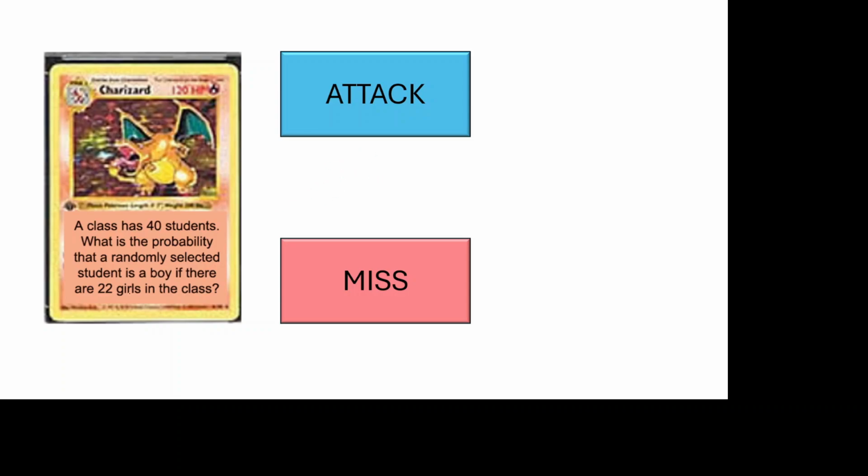So if there are 22 girls among 40, there are only 18 boys. So 18 over 40, and they are both divisible by 2. So 18 divided by 2 is 9, whereas 40 divided by 2 is 20. So 9 over 20 is our answer.